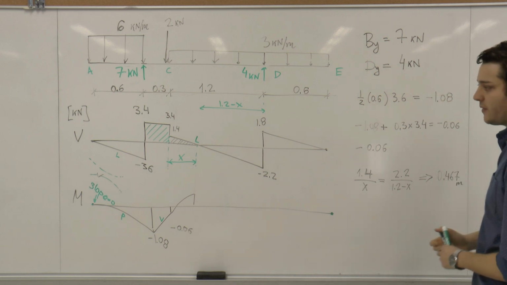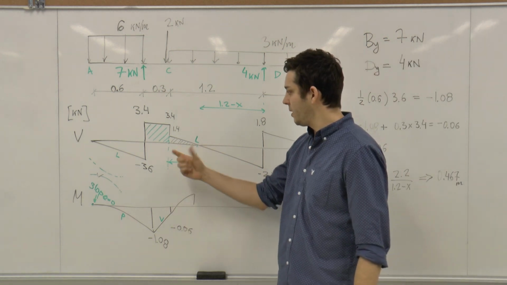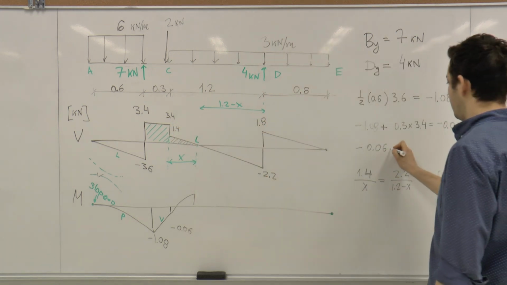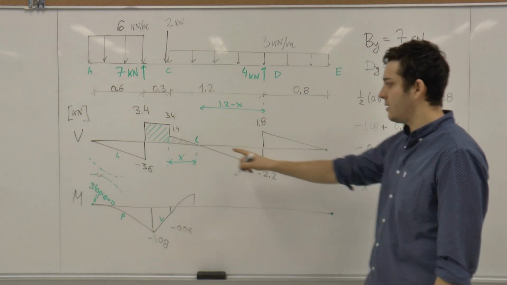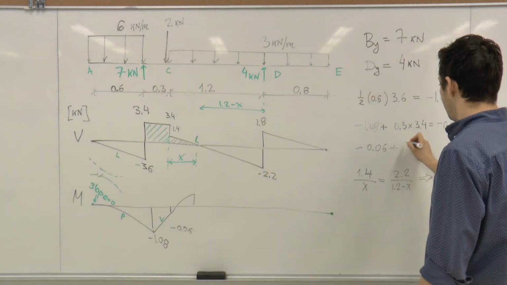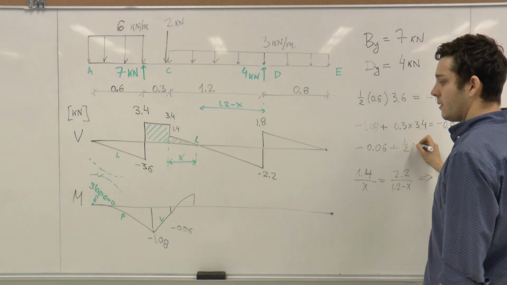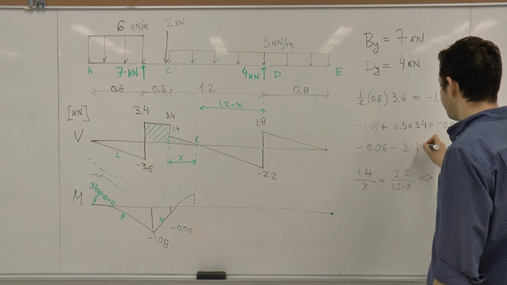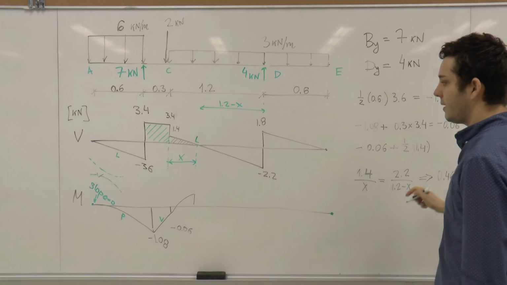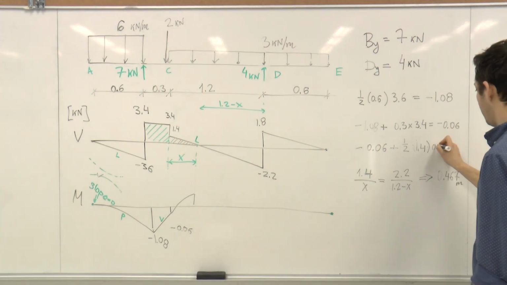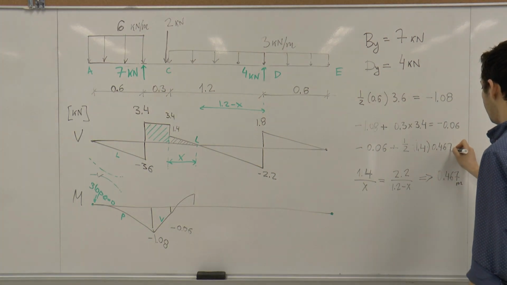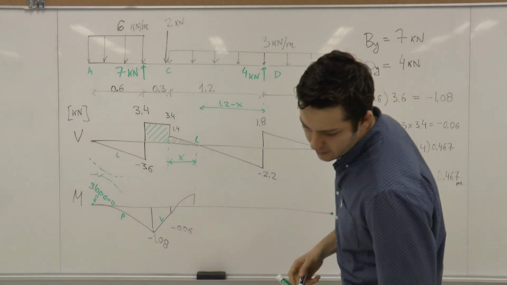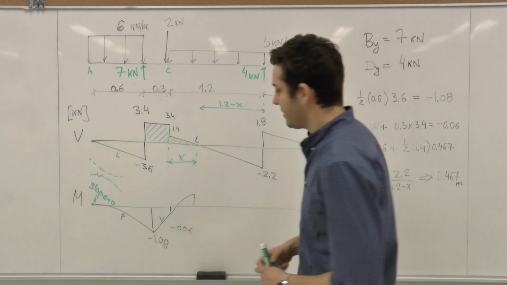Great, so now we can find the area to find the moment value. So it's going to be 1.4 times x over 2. And it's positive because the shear value is positive. So half times 1.4 times x, 0.467. The answer is 0.267.